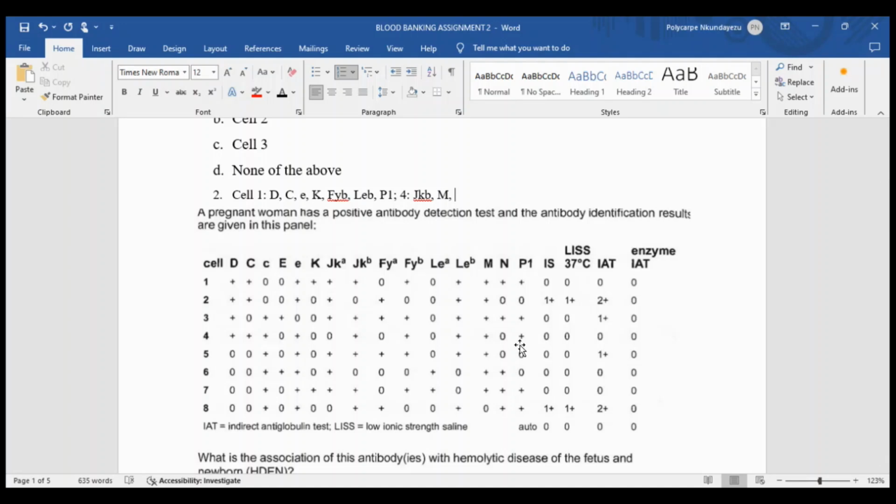And then we can continue with the next cell. Which cell again are we going to use for exclusion? The number 6. Cell number 6.